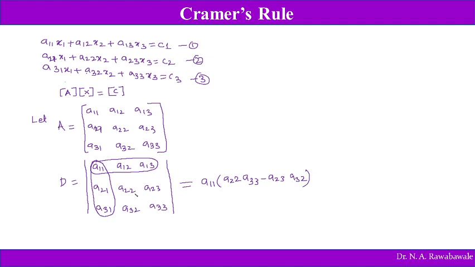So this is the major diagonal multiplied minus the multiplication of the minor diagonal. Now the term a11 is over. Now we move to the next term, a12.